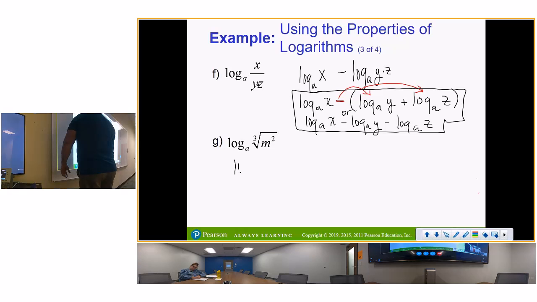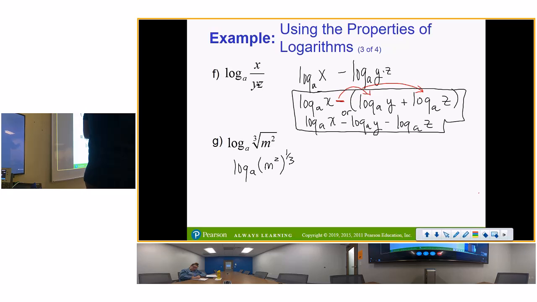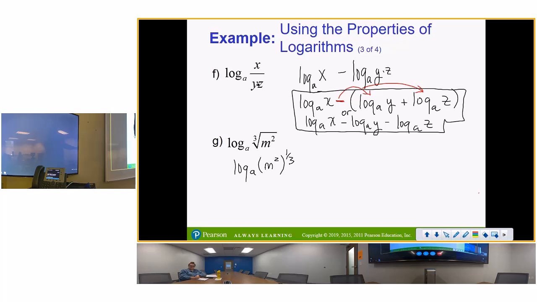Log of m to the second raised to the what? 1/3. Now we got to use our power rule. Now you can use your power rule. You can bring the 1/3 out front, or you can multiply the 1/3 times the 2. I don't care. All right? I really don't care how you do it.